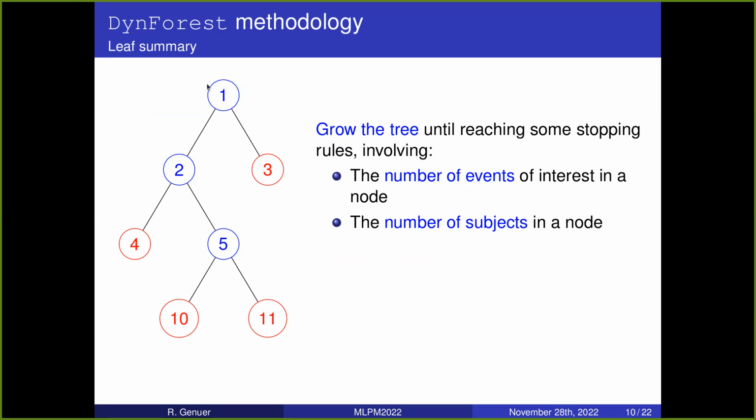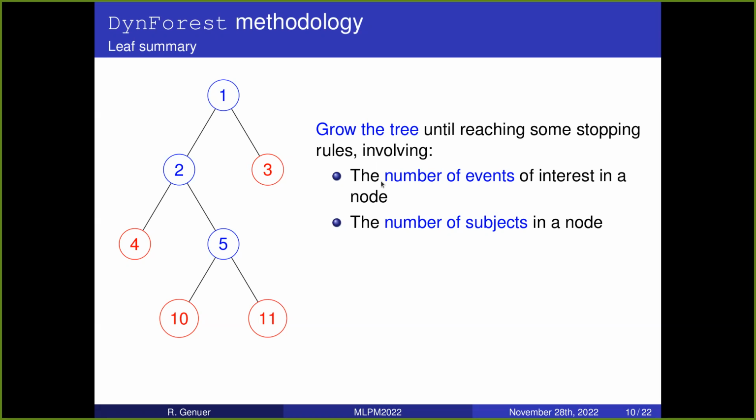So let's say that we now know how to split nodes with all kinds of predictors, the time-fixed predictors and the time-dependent ones. Then we have to define a stopping rule. Okay, when are we going to stop splitting the nodes into 2 subgroups, and so on? And what we did, after some studies about these splitting rules, is that we actually use two different pieces of information.